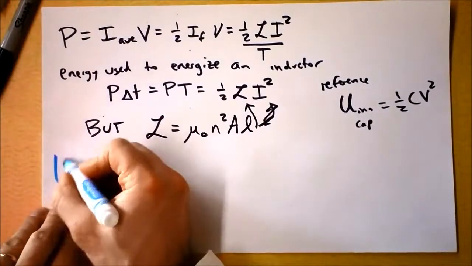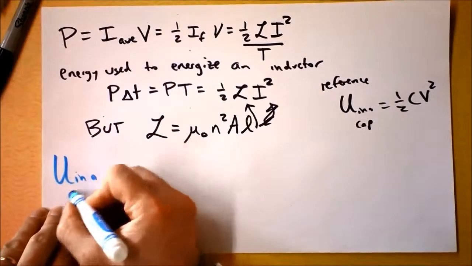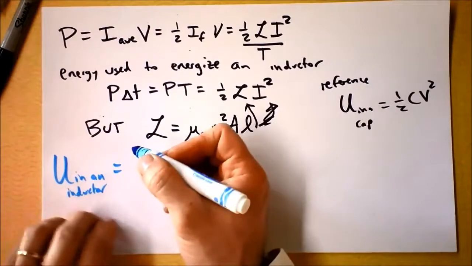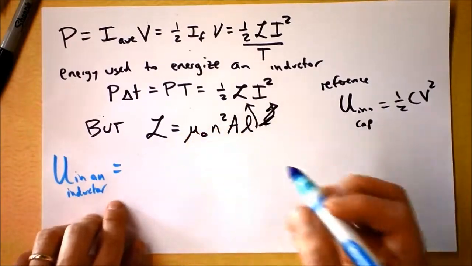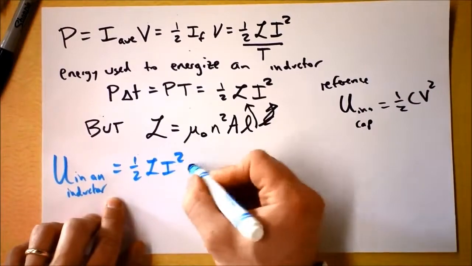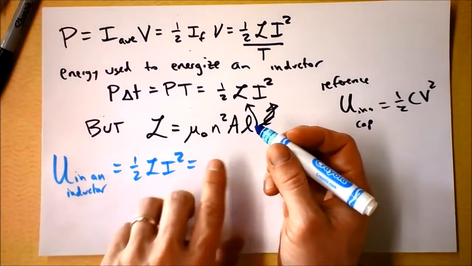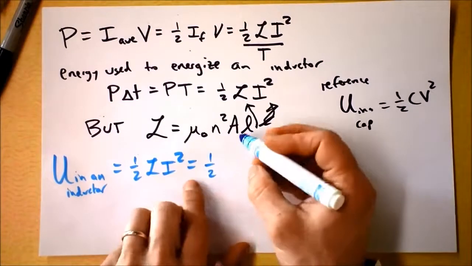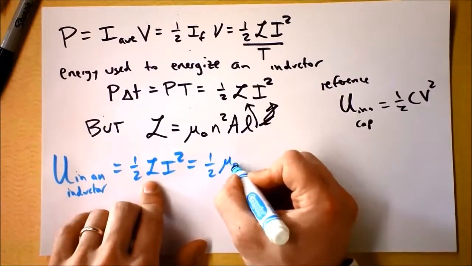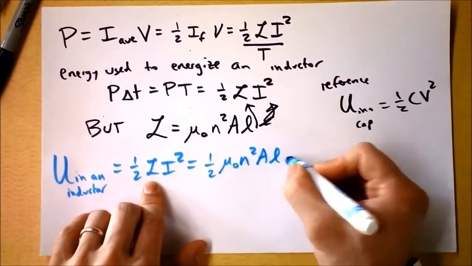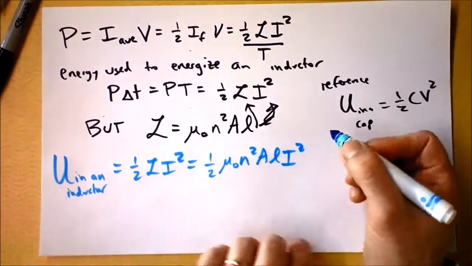The energy in an inductor is, wait for it, 1/2 L I squared, and I'm about to plug in all this. I've got 1/2 mu naught n squared A l I squared.